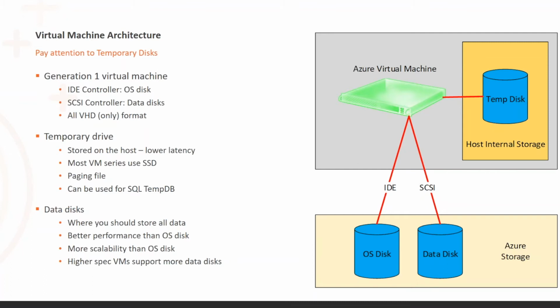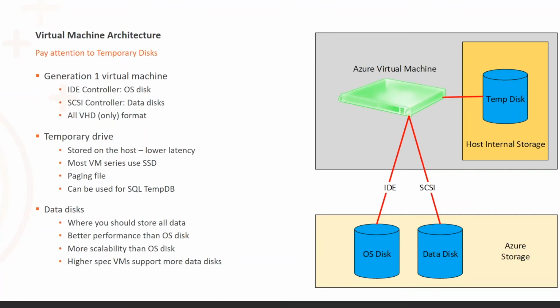But when you look at that virtual machine, it says 20 gig disk size. Geez, I'm not going to run too much Windows on that. And that's true, you're not, because that's actually not the size of the disk. That's actually the size of the temp disk. That temp disk that you see attached to the virtual machine is stored on the host's internal storage. It's not on some back-end storage. And the reason it's on that internal storage on the host is because it gives low latency connectivity.